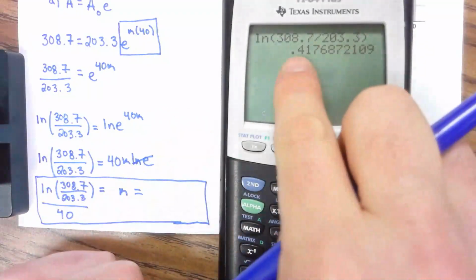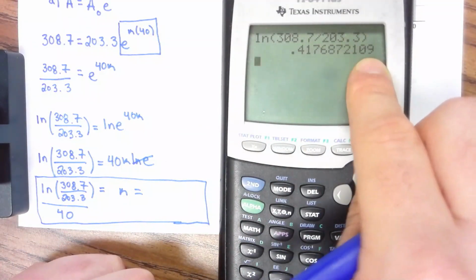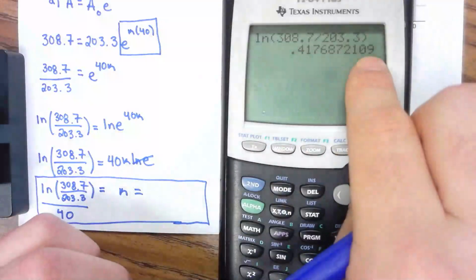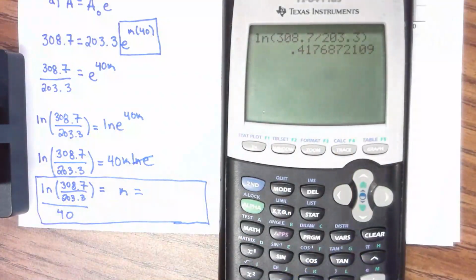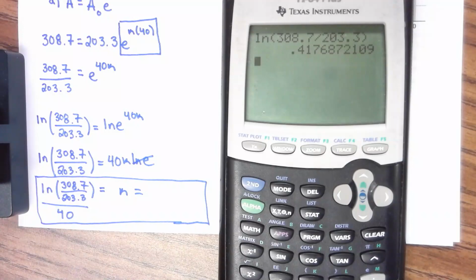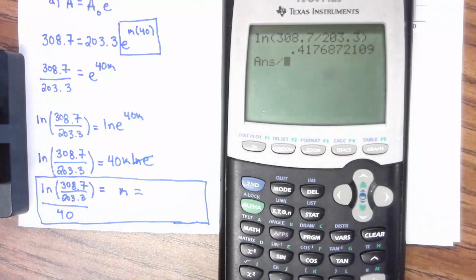And even if I wrote down every single digit, it is still rounded. The calculator stores it. It just only displays however many decimal places that is. But this calculator has this decimal stored for as long as that decimal goes on. So that's why we're keeping it and writing it like this every single time. Now I need to take that and divide it by 40, so I can just press divide.